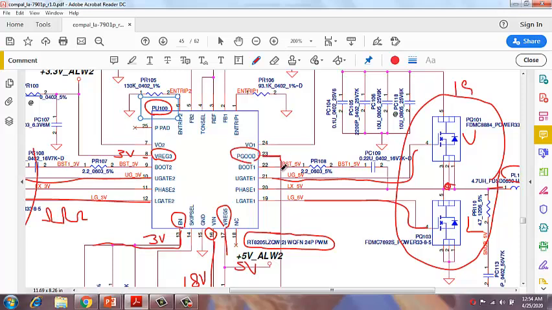This 3 volt is the power good signal. And here at pin number 23, if 3 volt is coming, that means my entire section is working.